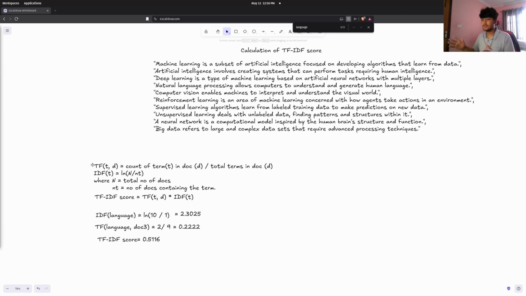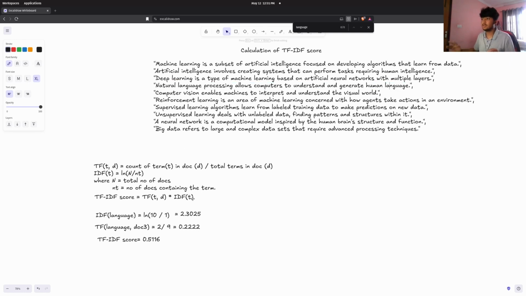TF means term frequency, which is calculated using this formula: the count of the term T in document D divided by the total number of terms in document D. It gives a measure of how frequently a term appears in a document. Let's take an example: language. For the TF score, let's count the occurrences, once here and twice here.